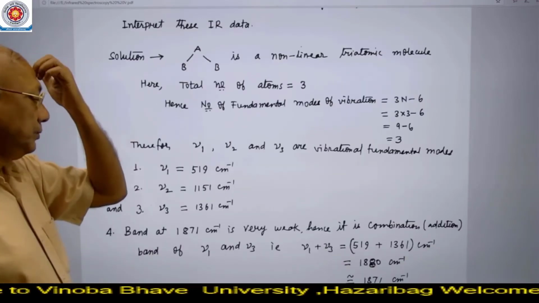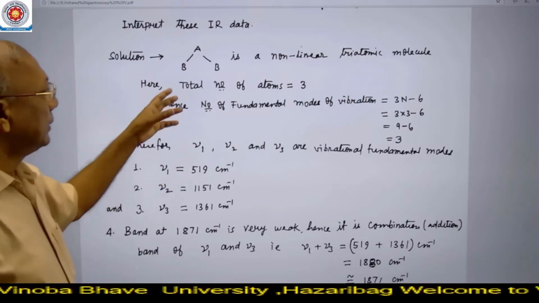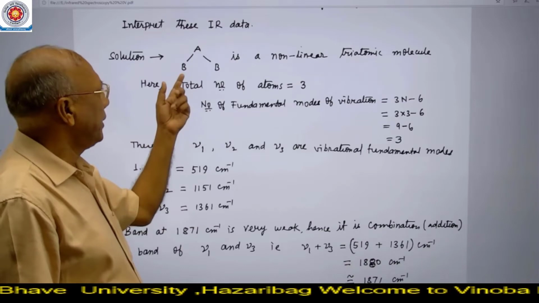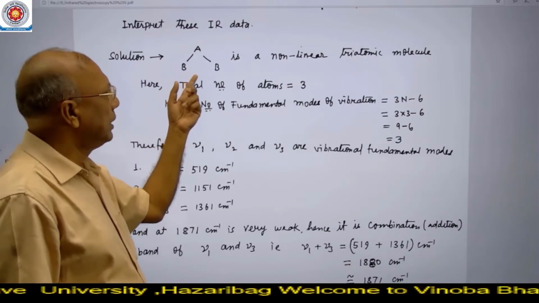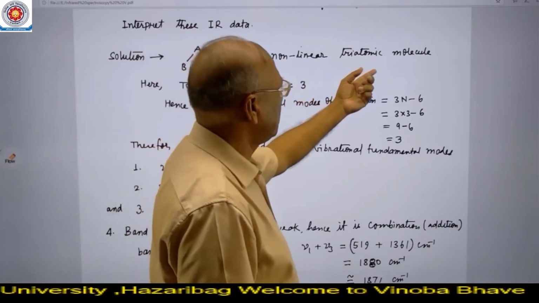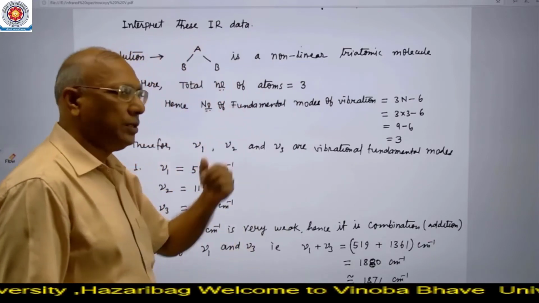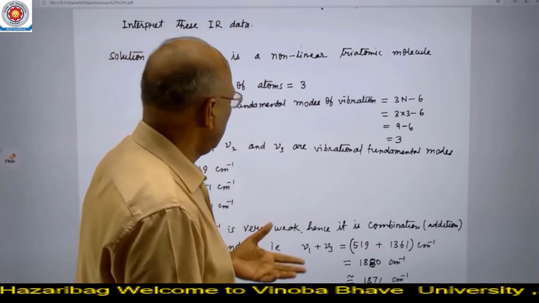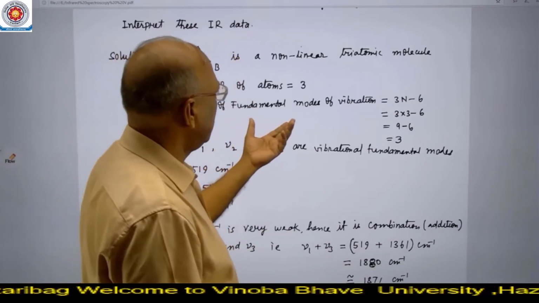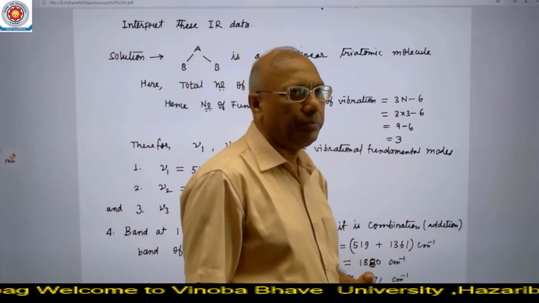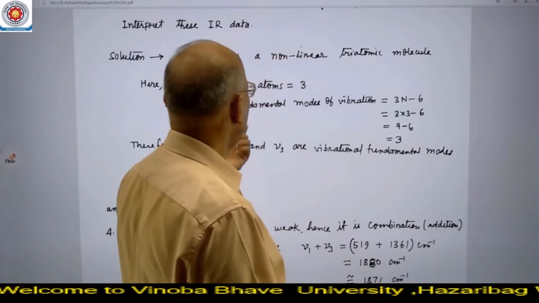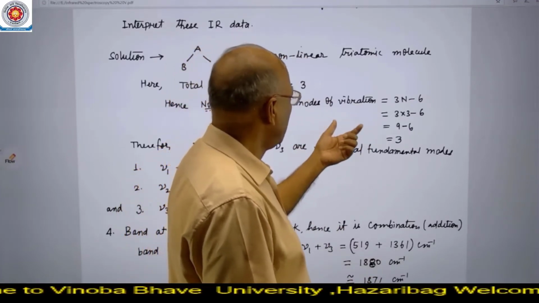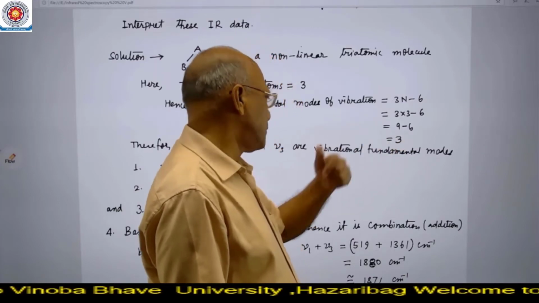First of all, this molecule AB2 is a bent molecule, non-linear and triatomic, that is, the total number of atoms is equal to 3. According to the rule, the number of fundamental modes of vibration will be equal to 3n minus 6, where n is the total number of atoms. So the number of fundamental modes of vibration is 3.